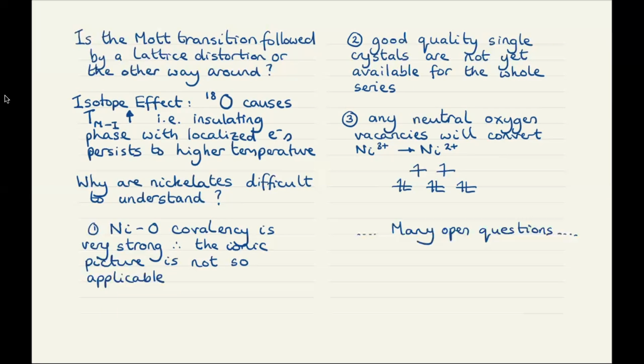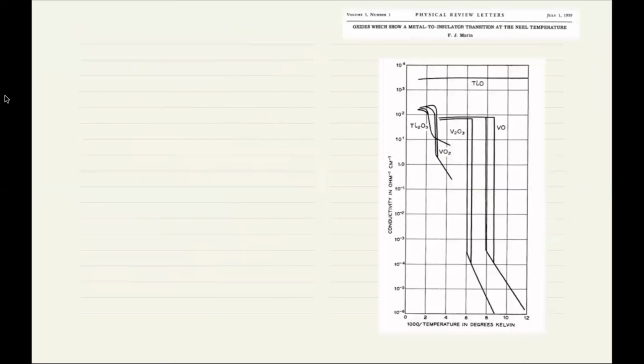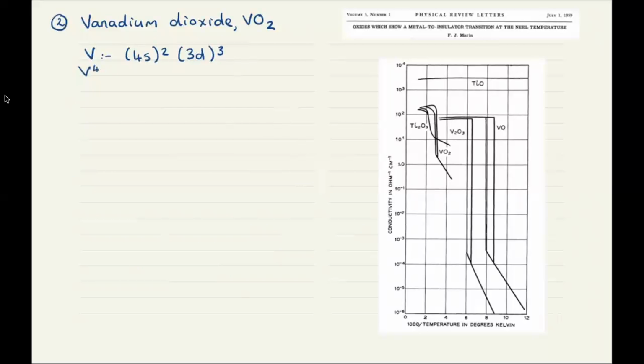So let's move to the second example, which is vanadium dioxide, VO2. Vanadium, of course, has electronic structure 4s2 3d3, and so the vanadium 4+ in VO2 has a single 3d electron in its valence outer shell.